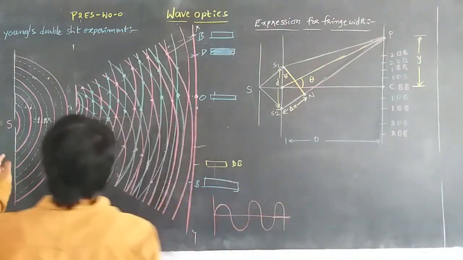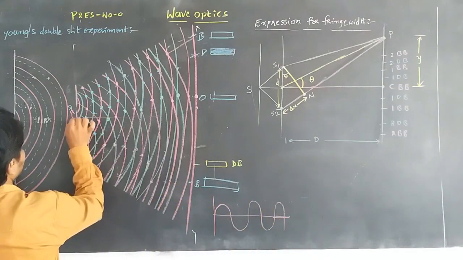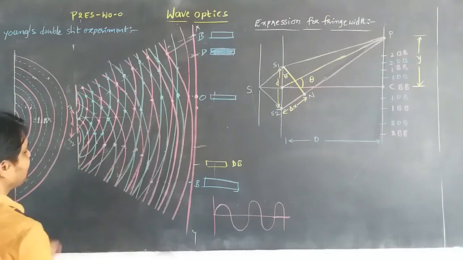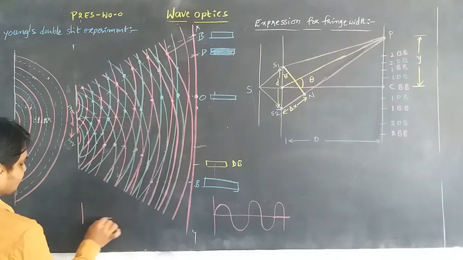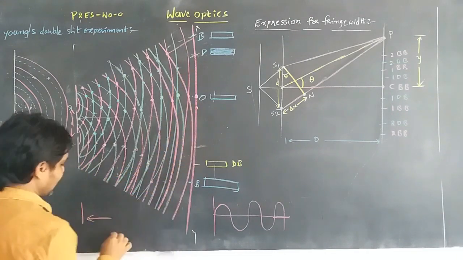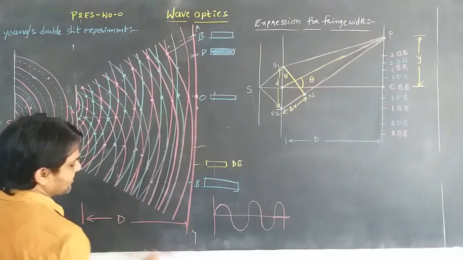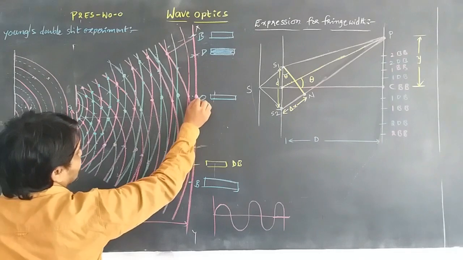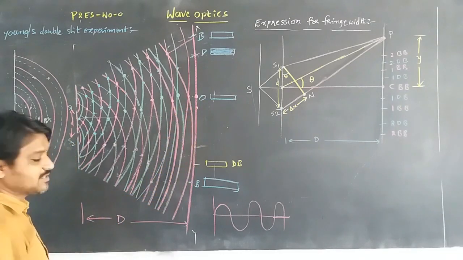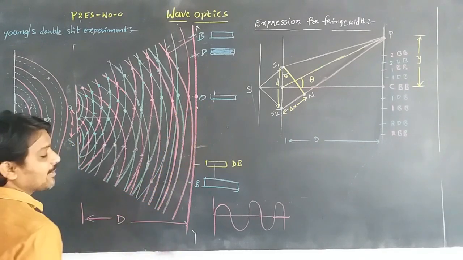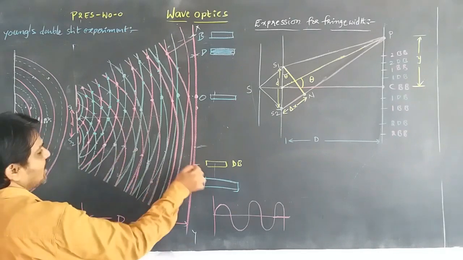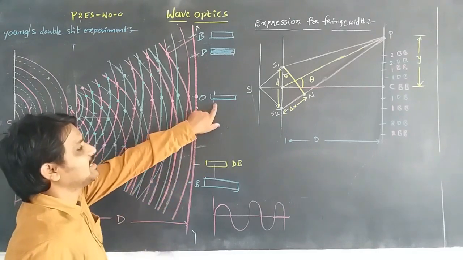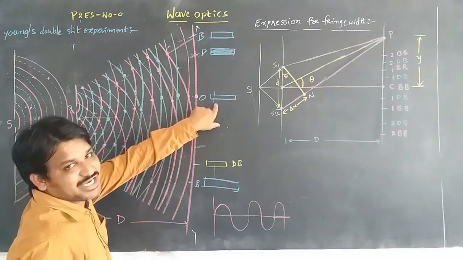The two slits are at a distance of small d, and the big screen, the XY screen, is at a distance of capital D. At the center of the screen, the bright band is formed because there is no path difference between the slits and the screen, so we always see the bright band at the center.